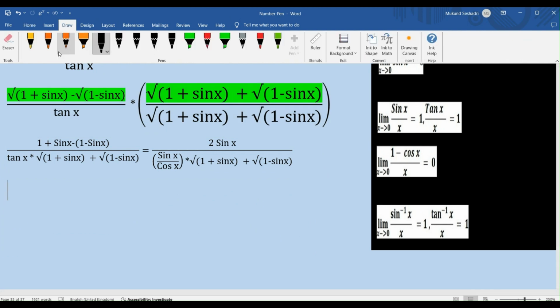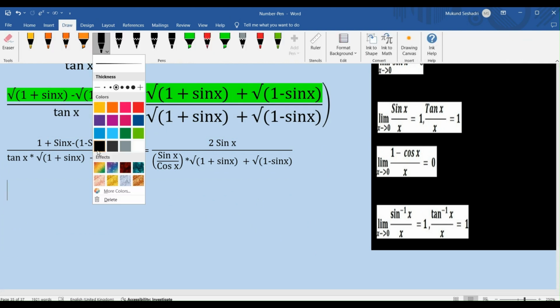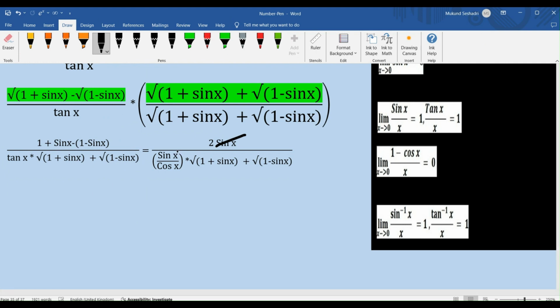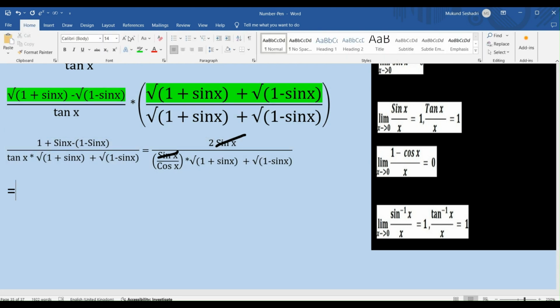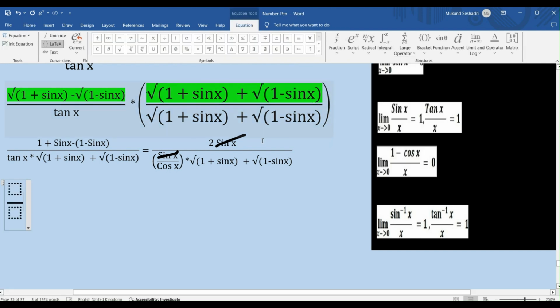I take my pencil and I cancel my sine x. And then when I rewrite this in the next line, my cos x goes to the numerator, right? And how do I write that now? 2 cos x divided by this expression remains, right?